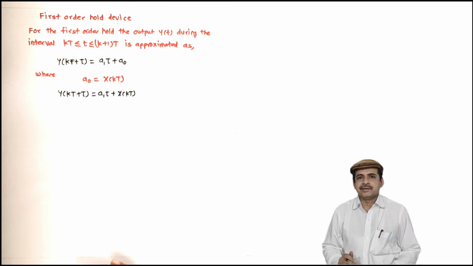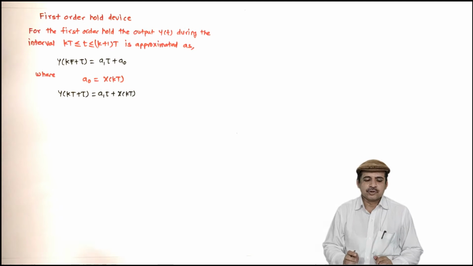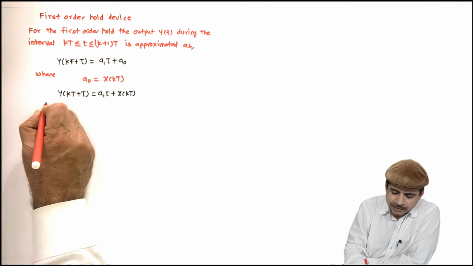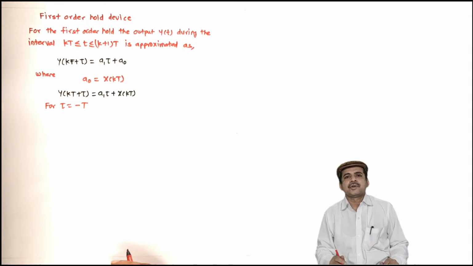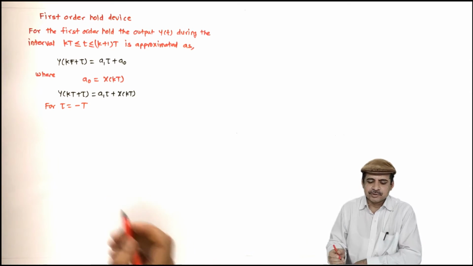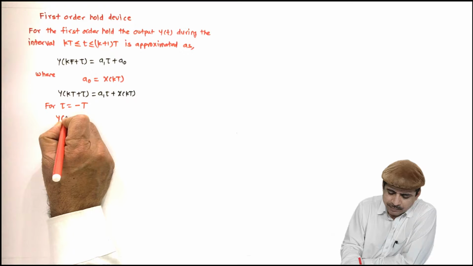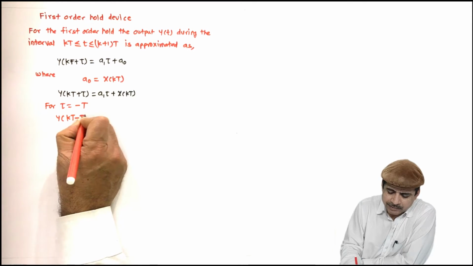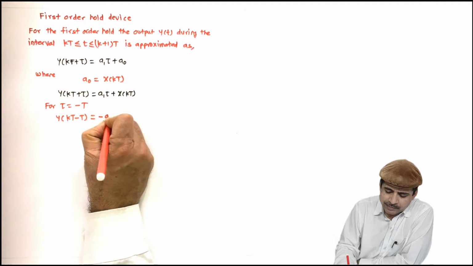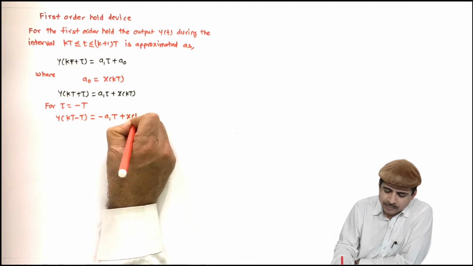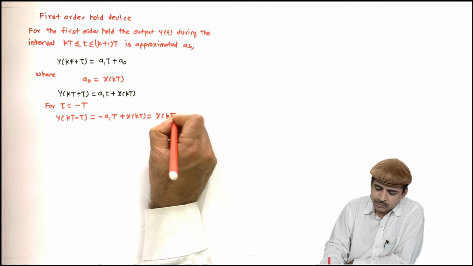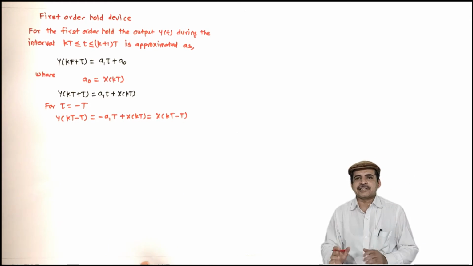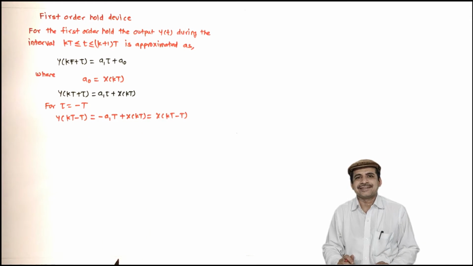That can be done by having the samples available or relating the samples available. So what I will do here, I will take tau is equal to minus T, so the backward sample which is available. So here I get y of kT minus T is equal to minus a1 T plus x of kT, and that is also equal to x of kT minus T, because at the integer samples y and x are equal.